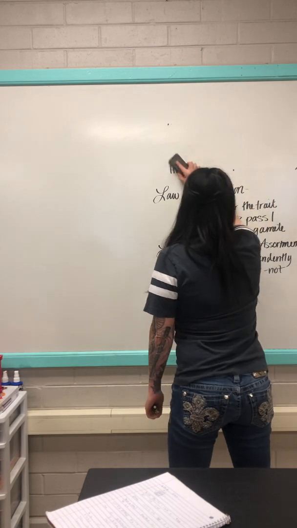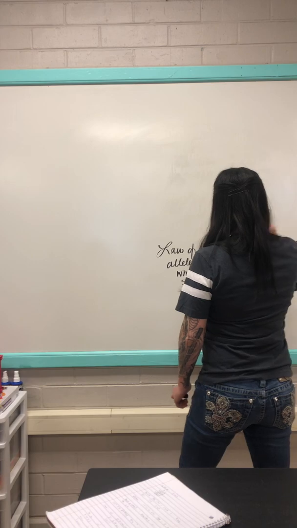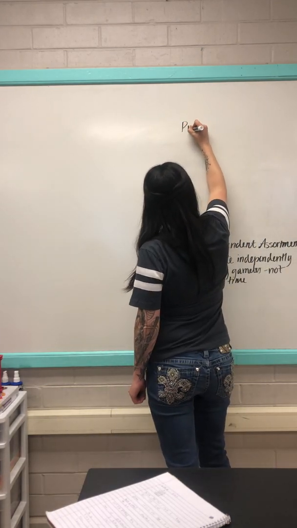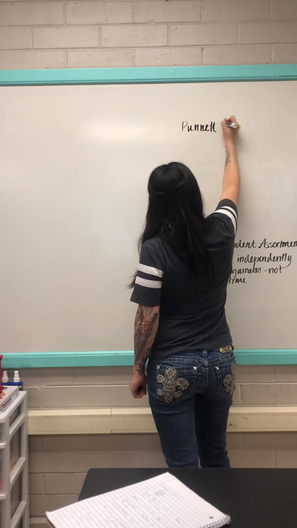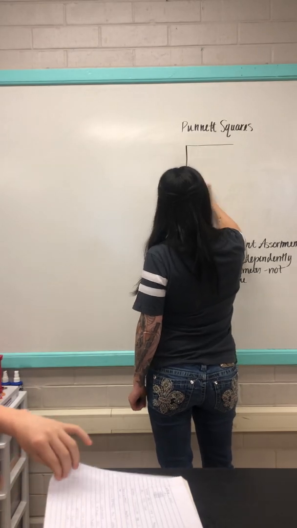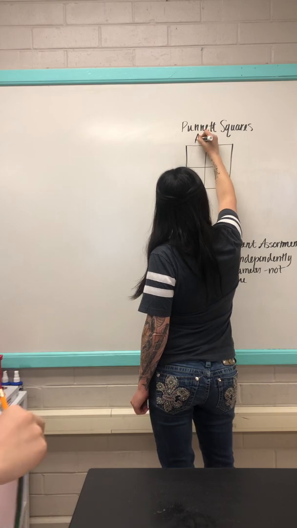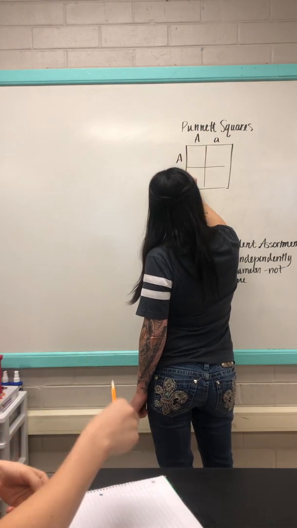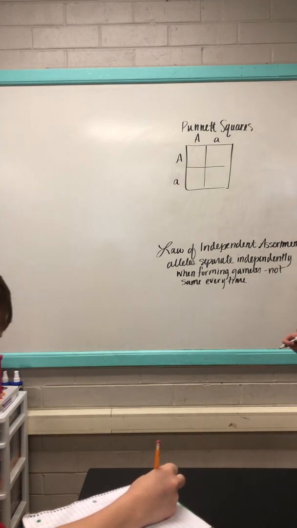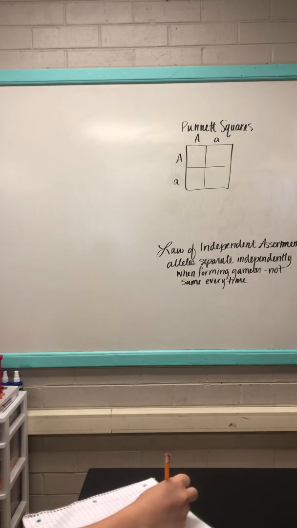Last thing, and we kind of talked about these yesterday, just want to make sure that you understand it. So we are going to be using a lot of Punnett squares. The basic Punnett square is just showing you what traits are being passed along genetically, and you can tell from a Punnett square what is going to show up in the person.